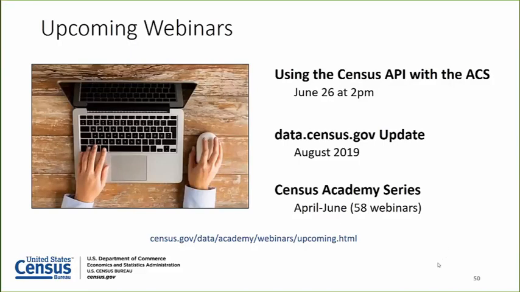And then we're working with those data dissemination specialists who run the Census Academy series of webinars and trainings to include data.census.gov information. So check those out, and we hope to have some more of those webinars available for you soon. Okay, that's all I have if there are no more questions.